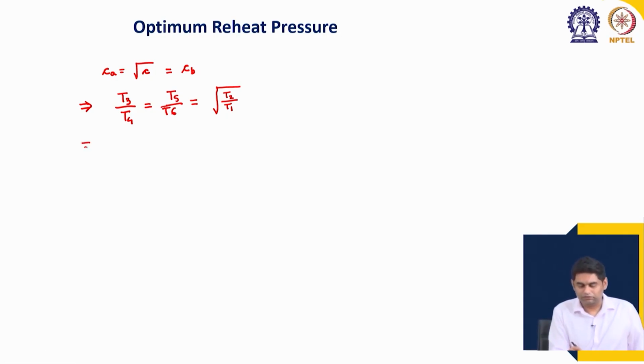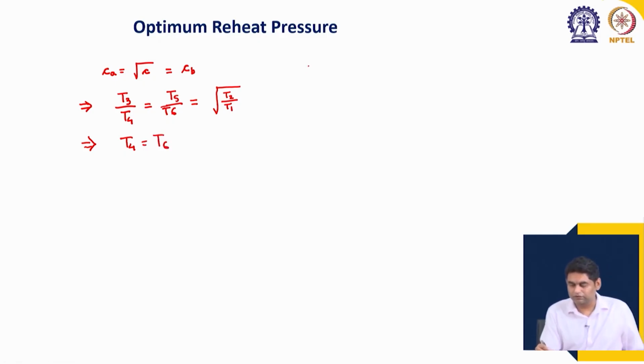Okay. We can keep it in this form. If I want to write in terms of pressure ratios, we can write that. Okay, let us try to simplify it further. Since T3 is equal to T5, it also means that T4 is equal to T6. Okay.